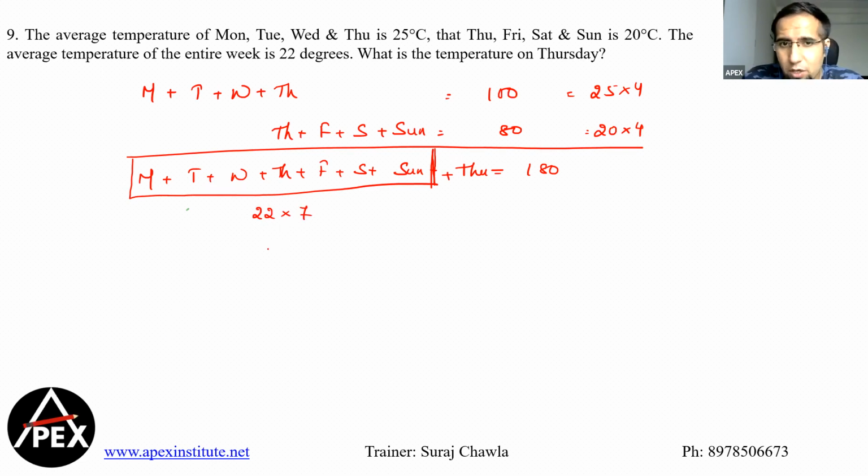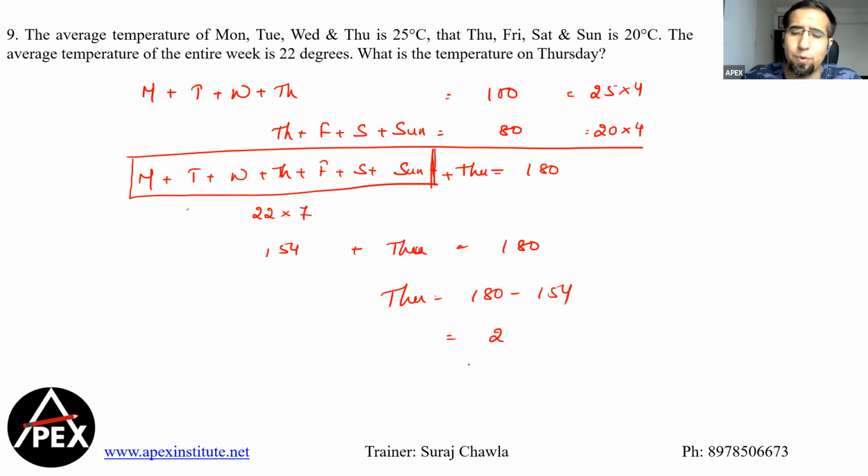So can I say 154 plus the temperature of Thursday is equal to 180, which means the temperature of Thursday is equal to 180 minus 154, that is equal to 26. So 26 is going to be your answer.